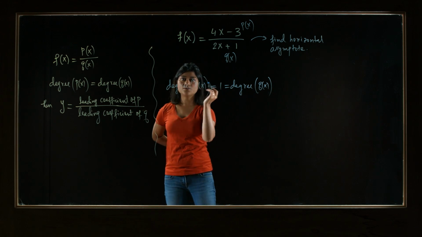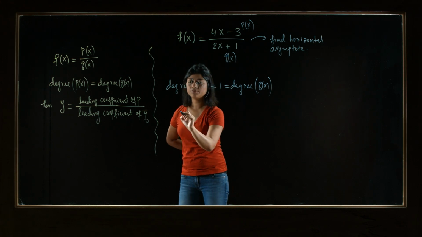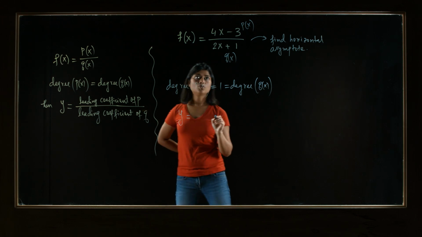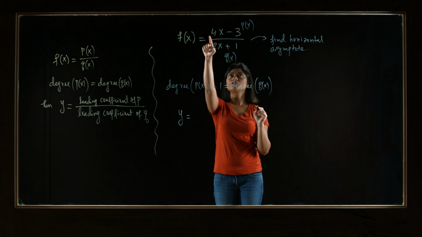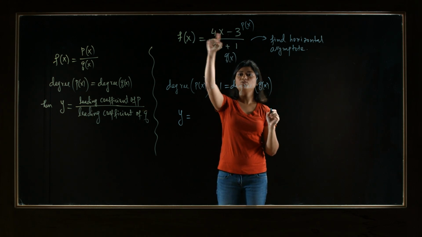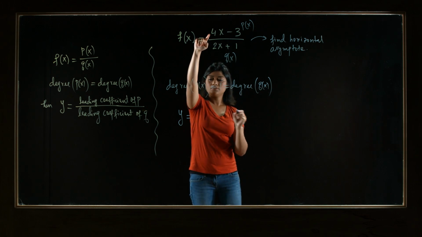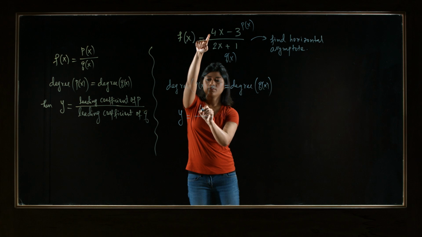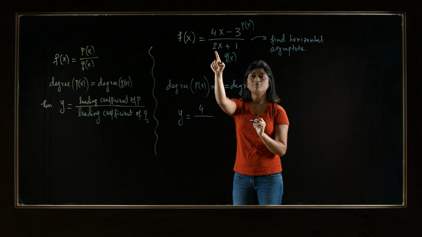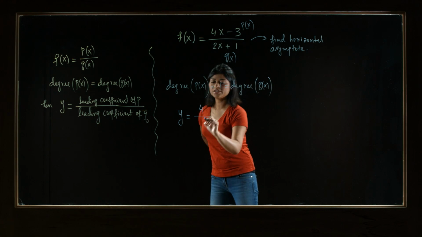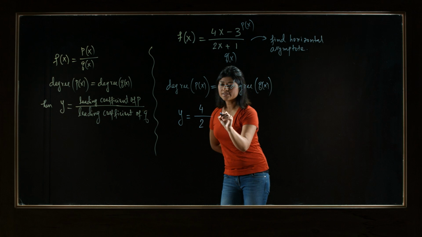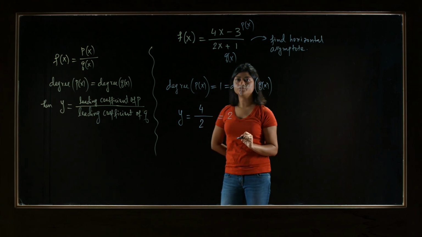So, what is the horizontal asymptote to this curve? We take the leading coefficient of p, which is 4, and then we take the leading coefficient of q, which is 2, and divide. And this is just 2.